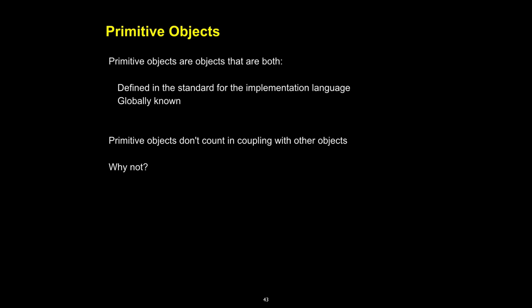So the problem is, all our classes are going to be tied to strings or ints or floats or dictionaries or array lists, right? And he's saying, well, we don't want to count that as coupling. Why not? Well, because if you're in Java, can you have Java without string? No, right? Can you have Java without array lists? No, right? What's that? The main method is string.